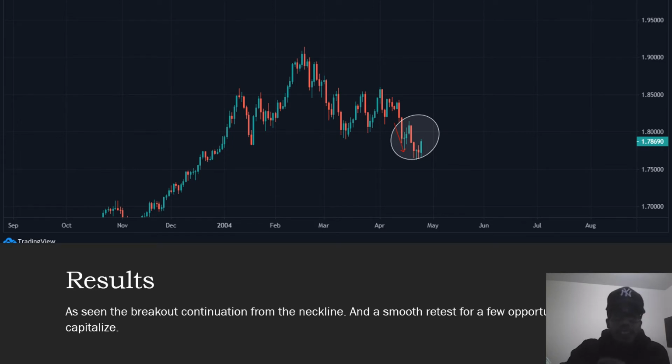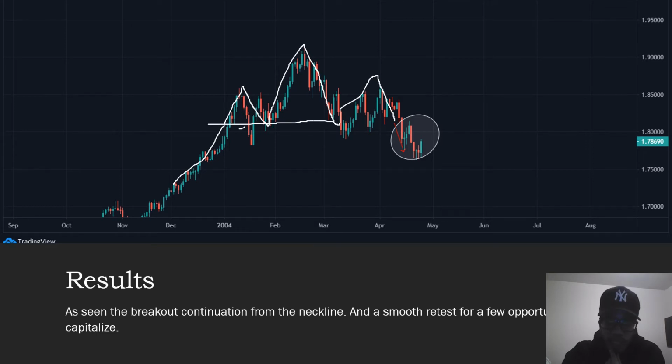And so here's a little look at how that move would typically play out. You would have that up move in that left shoulder, then you have that head, then you have the right shoulder. We would then wait for the breakout of the neckline around there, and then we would capitalize on the breakout downward.